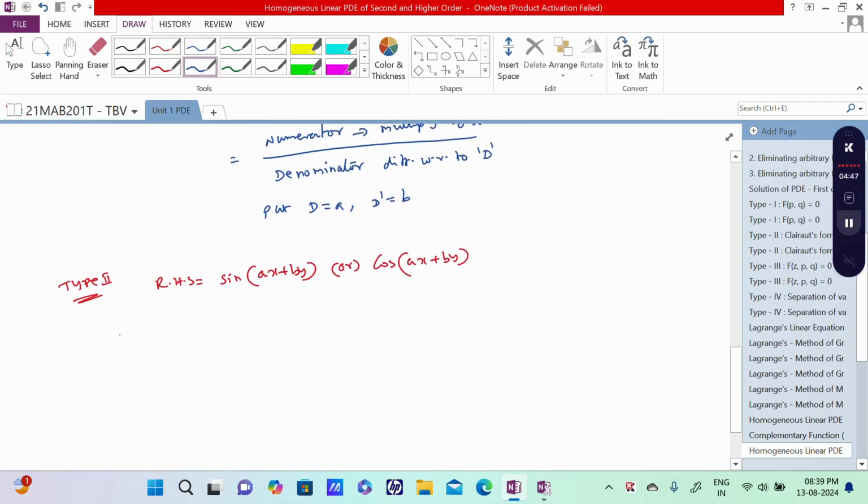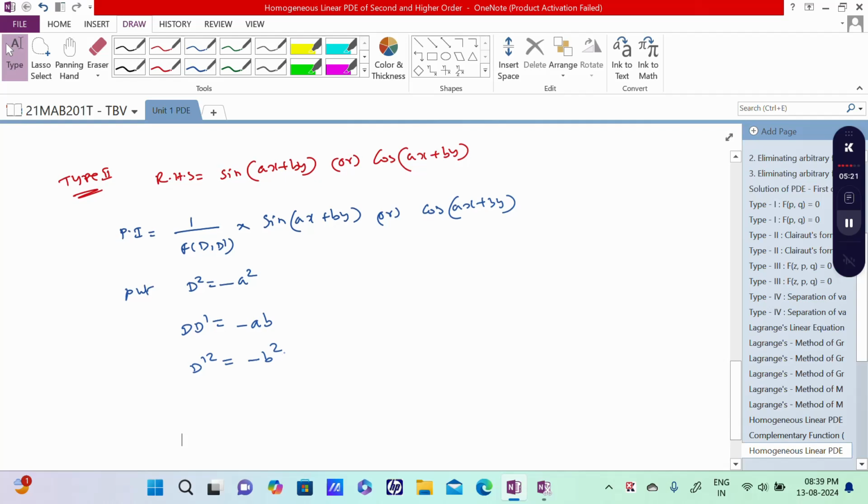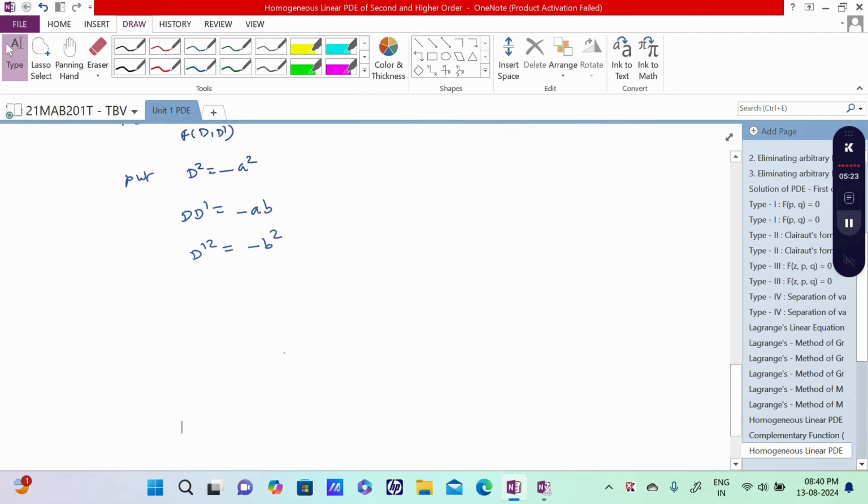In this case, how to calculate the particular integral? 1 divided by the function of D comma D dash into sin ax plus by or cos ax plus by, then substitute: put D square equal to minus a square, DD dash equal to minus ab, D dash square equal to minus b square. So this is type 2. Then if the denominator is 0, same procedure.